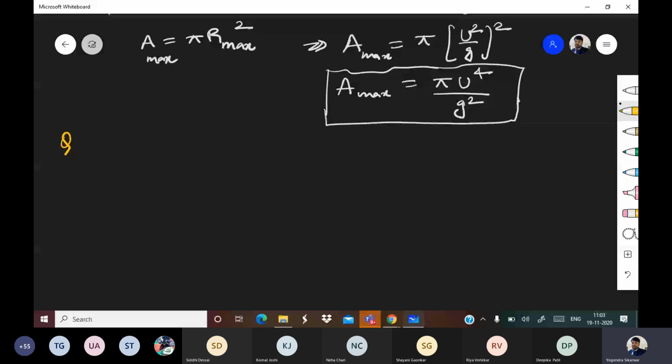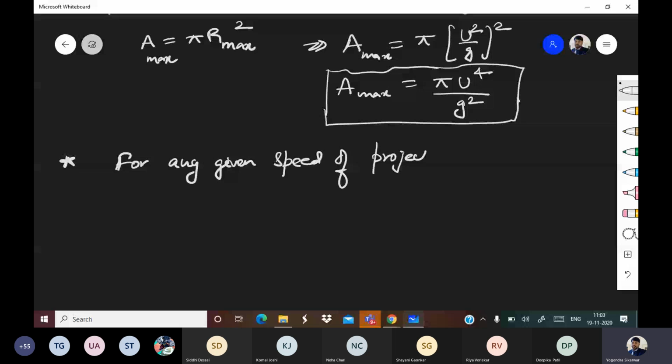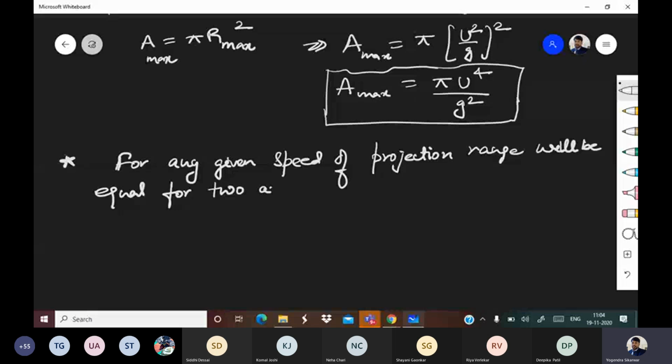Next. For us, not question, it's a concept. For any given speed of projection, range will be equal for two angles of projection.